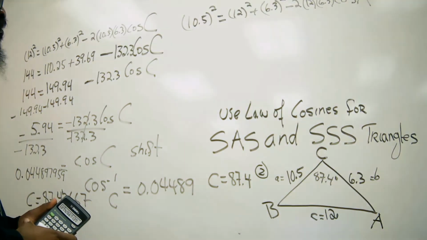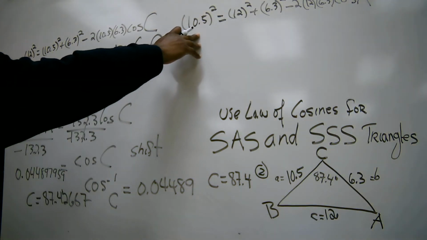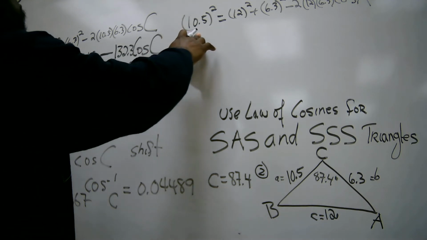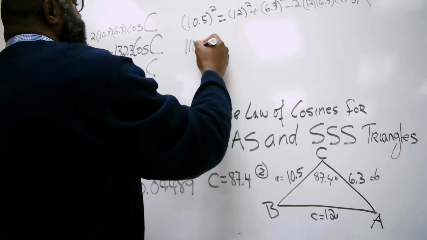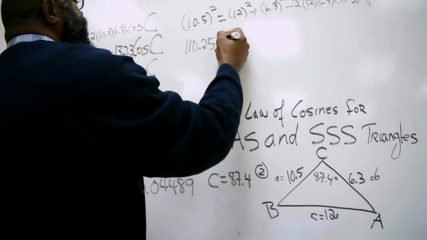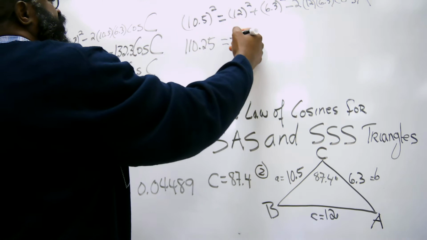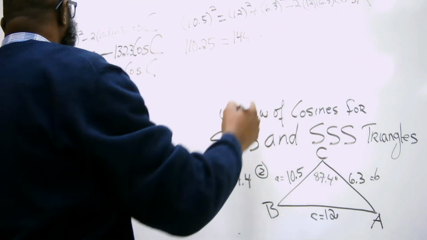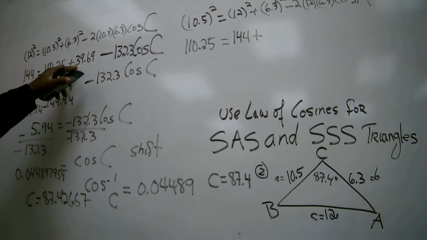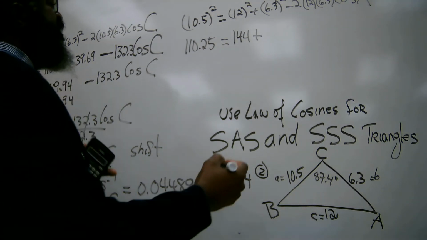I already know what 10.5 squared is. I computed it earlier. That will be 110.25. Then 12 squared is 144, and 6.3 squared is 39.69.